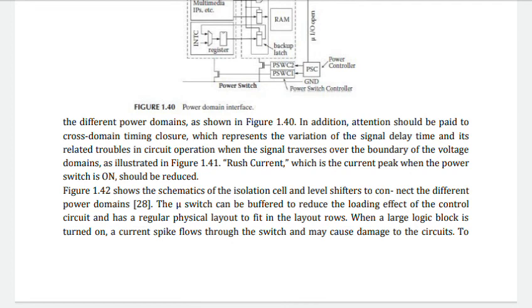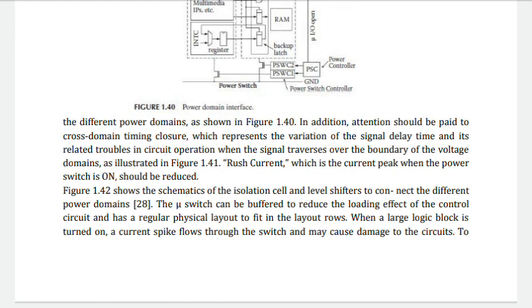In addition, attention should be paid to cross-domain timing closure, which represents the variation of the signal delay time and its related trouble in circuit operation when the signal travels over the boundary of the voltage domain.